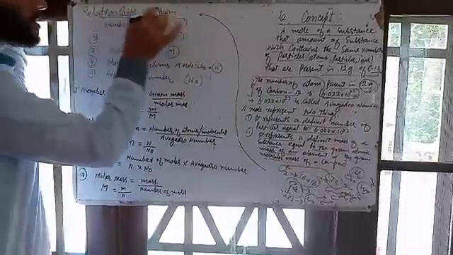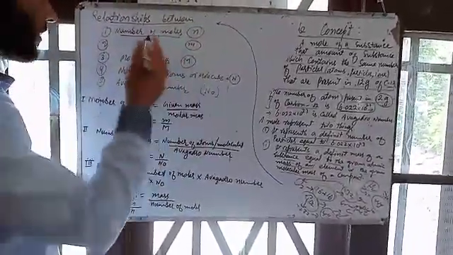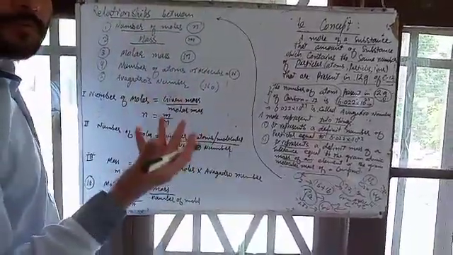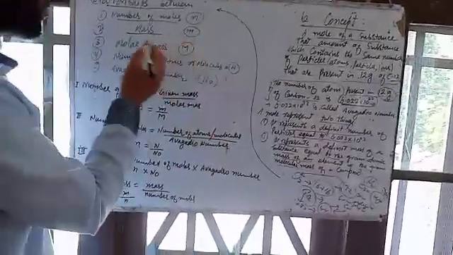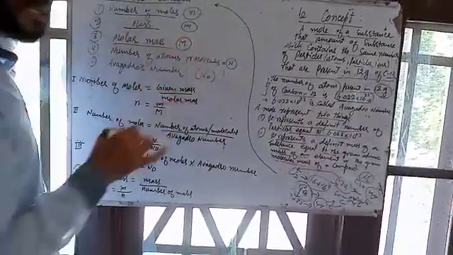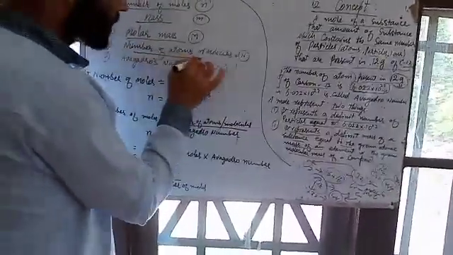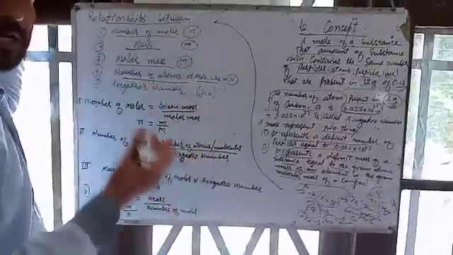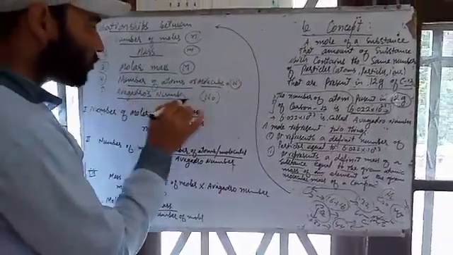The relationship between number of moles, that means how many moles are there, mass, that means the given mass, it can be in kilograms or grams, molar mass or molecular mass, number of atoms or molecules, it can be anything, one atom, two molecules, three molecules, and Avogadro's number.